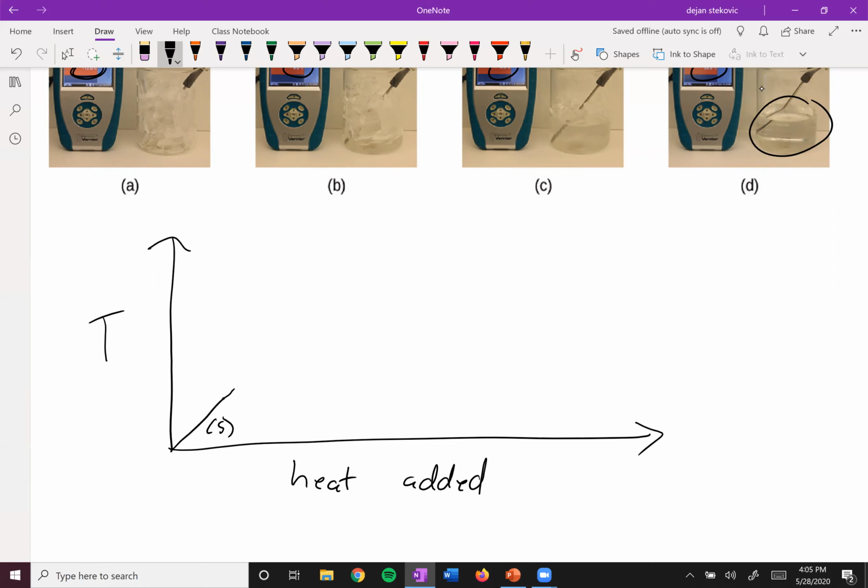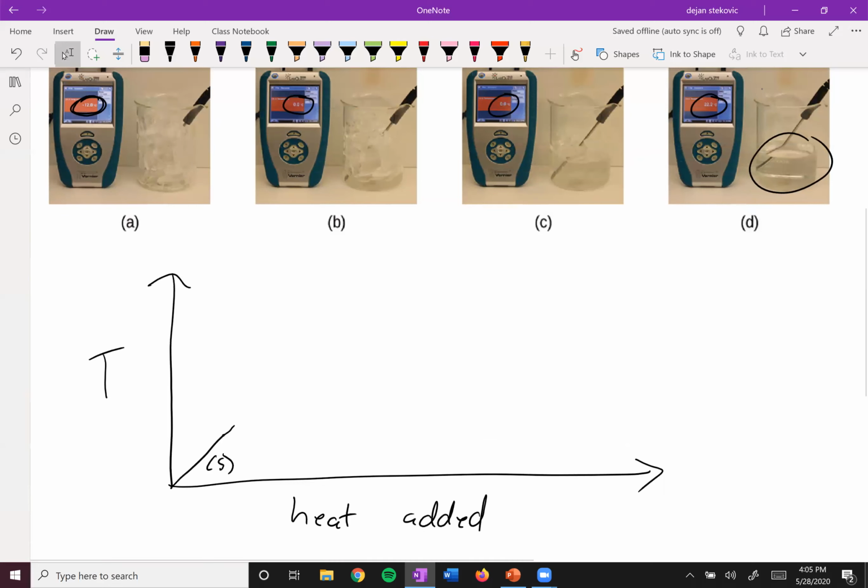Well, the solid is going to start to melt. But just like this ice, once that melting is starting to occur, the temperature is not changing. Even though we're adding heat, the temperature is not changing, because that energy is going to break the intermolecular forces. Only once all of the solid has melted into the liquid will it begin to heat again.